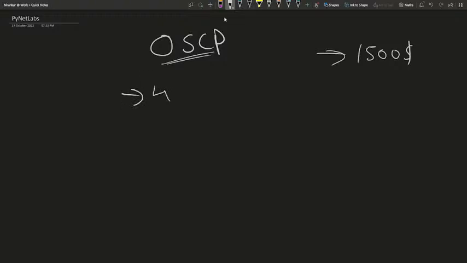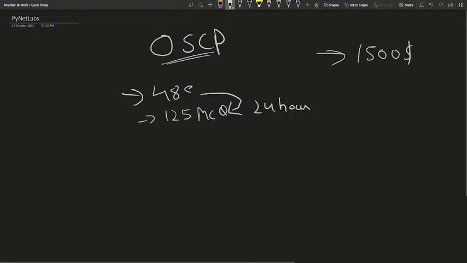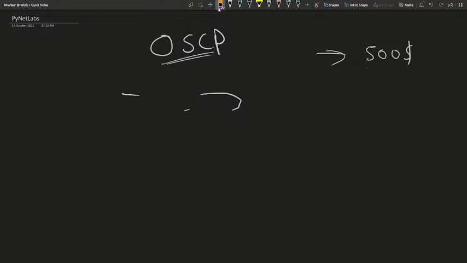It is a 48-hour exam, while CEH is a 4-hour exam with 125 MCQs. In the 48 hours of OSCP, we have 24 hours for MCQs and 24 hours for a live practical demonstration. You should have great knowledge before pursuing OSCP, and they will give you 5 machines to hack within 24 hours. So that is about OSCP.